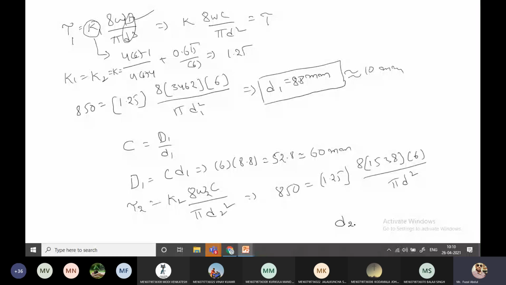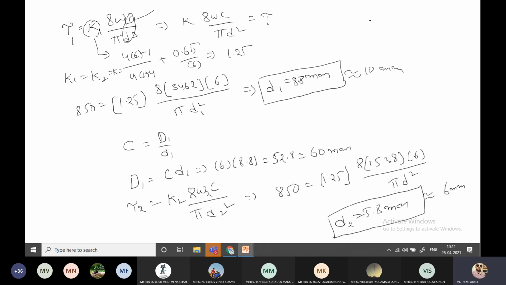Now you will get the d2 value in terms of mm. Now tell me the d2 value, how much? Do it fast. 5.8. Nothing but I am taking it as nearly equal to 6 mm.